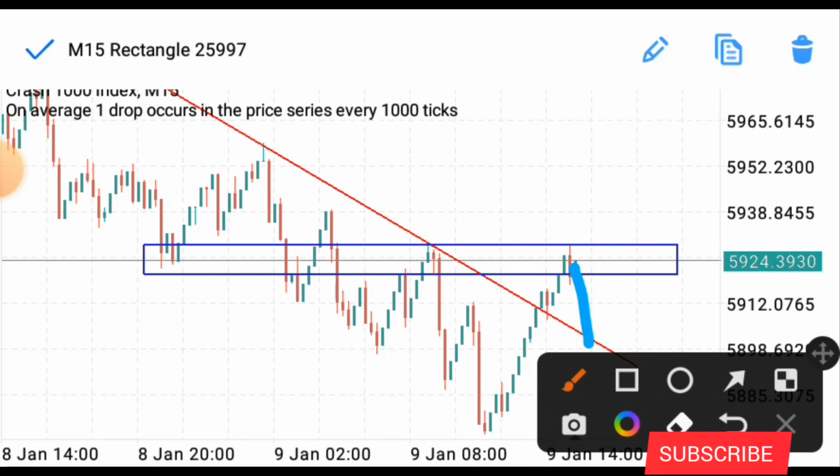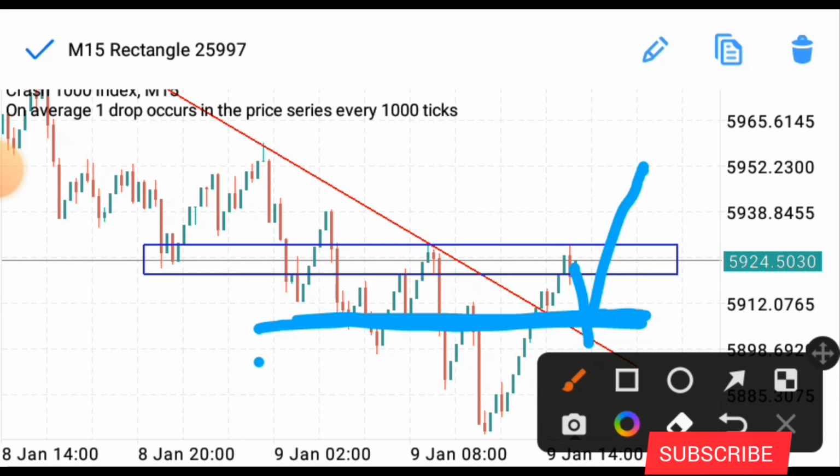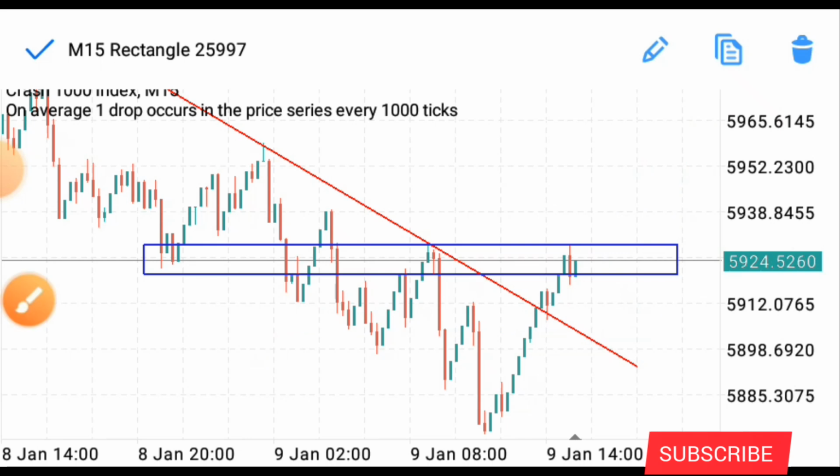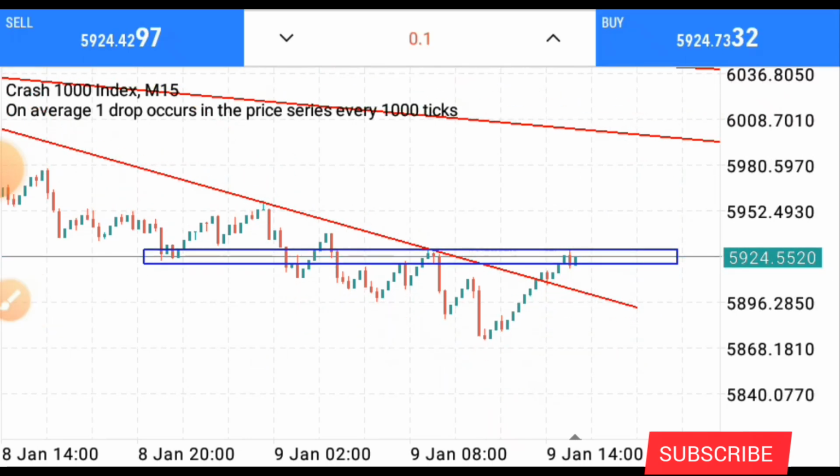In this area, I can spot another minor support and resistance zone. Then price may bounce from there, come back, retest, and then go to our next trend line, which is above here.